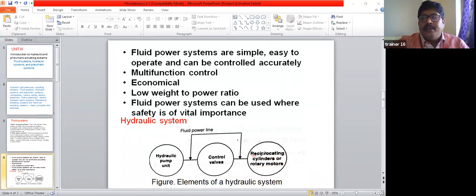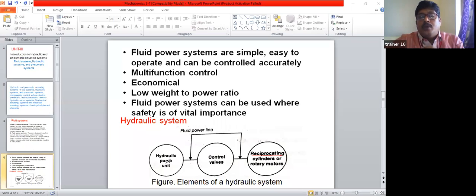With the help of the pump, some control valves are there. For example, in a household, from the tank there is a motor, and if the valve is cut off, the flow will stop. Similarly here, some control valves are there.